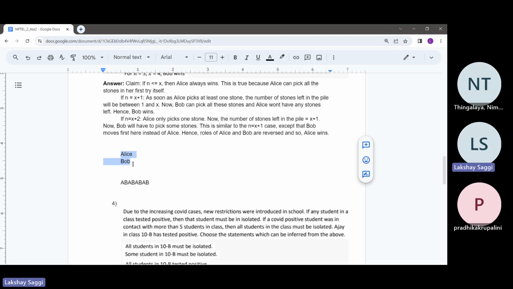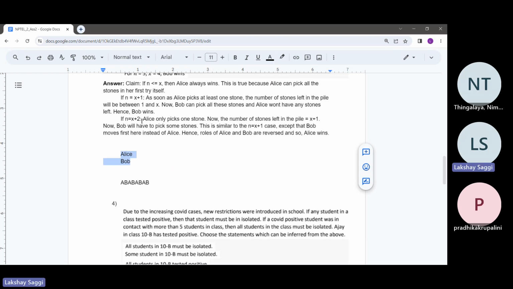The main thing by which they are identified is that one person is moving first and the other is moving second. So let's keep in mind that Alice and Bob are just placeholder names, and the main property is that one person moves first and one person moves second.